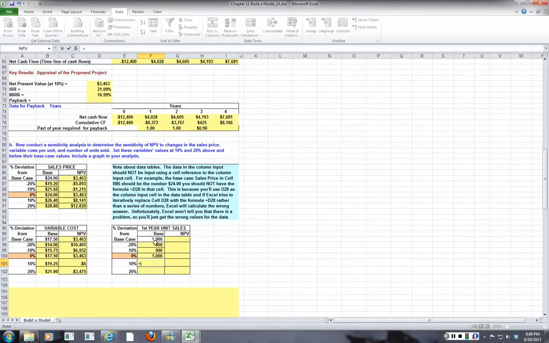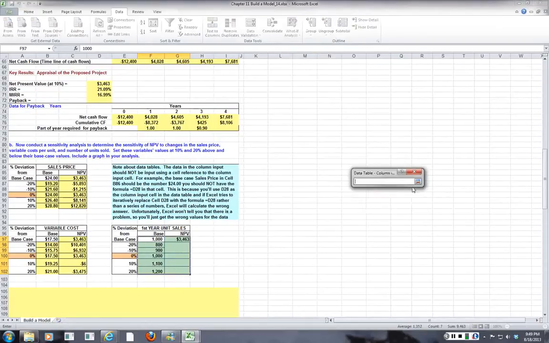If it goes up by 10%, it's 1,100, and if it goes up by 20%, it's multiplied by 1.2, which is 1,200. So now we want to get our net present value in there. I want to copy that down there. So now we've got these variations, and let's see what kind of an impact variations in these will have on the net present value.